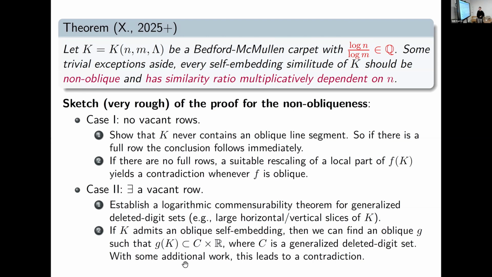And with some additional work on the one-dimensional embedding problem, we not only have to analyze how the contraction ratio acts, but also how special the translation vector is. With some additional work like this, we can find a contradiction in this case. So this is my result on the self-embedding problem of self-affine carpets.